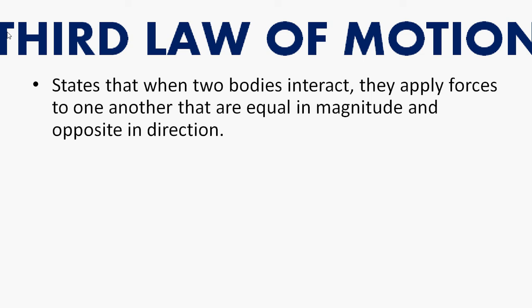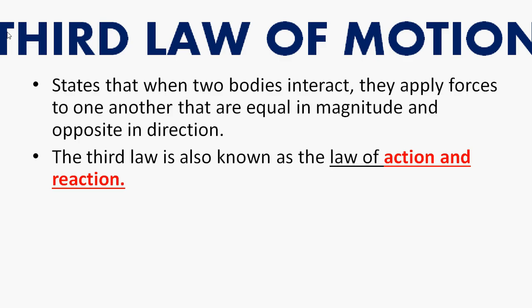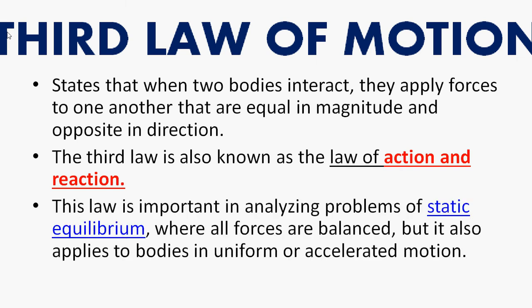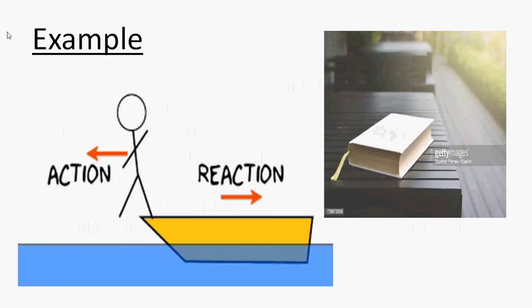Now this is very important here, that the magnitude is the same but the direction is opposite. The third law is also known as the law of action and reaction. This law is important in analyzing the problems of static equilibrium where all forces are balanced, but it also applies to bodies in uniform or accelerated motion.